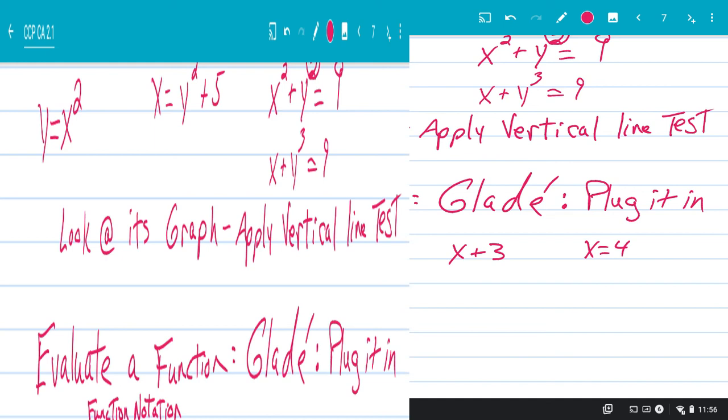But now we want to use function notation and say, f of x equals x plus 3. What if you substitute in 4? What happens? It's the same process, just now using function notation. So that's what evaluating a function is: just plugging in the value for the variable.